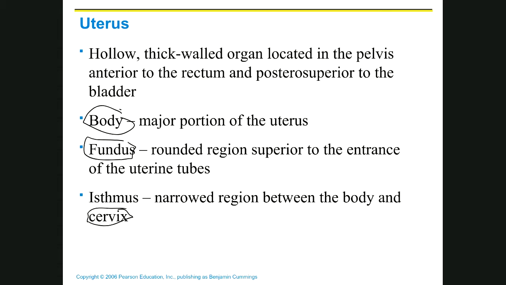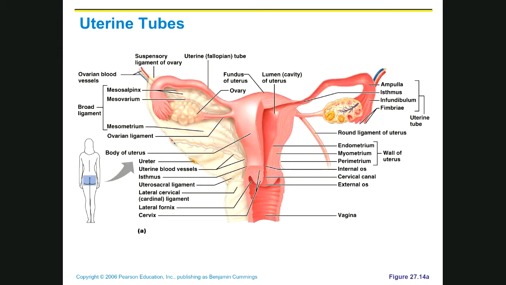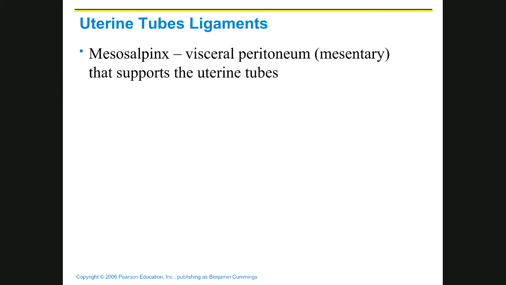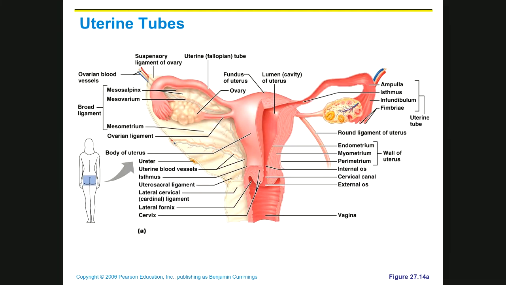And then right where the cervix connects to the uterus, right there, that is called the isthmus. So it looks like this. So fundus, body, isthmus, and then we're going to have the cervix.